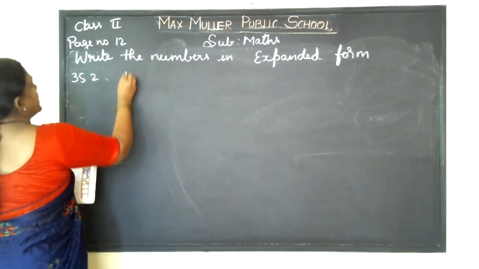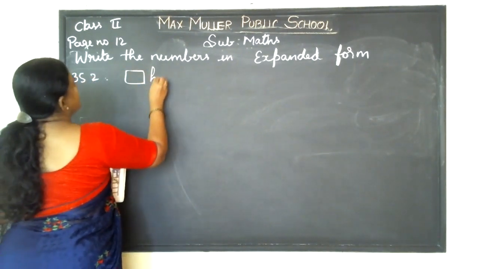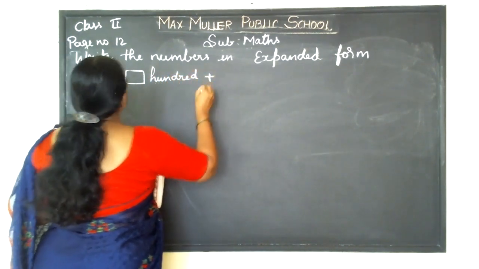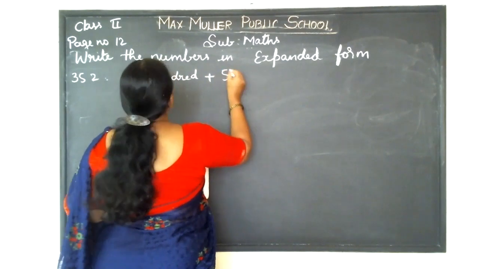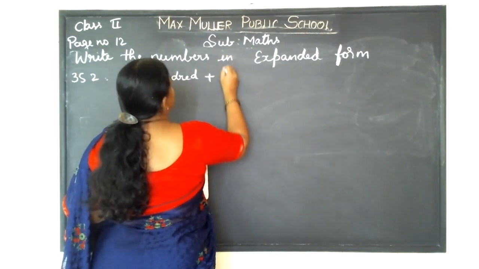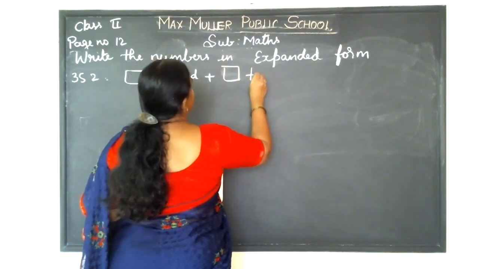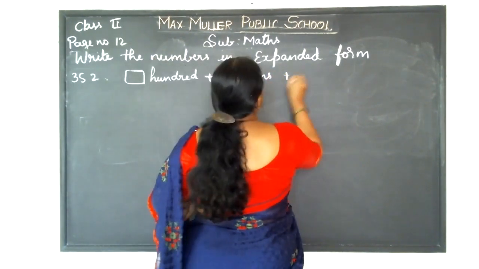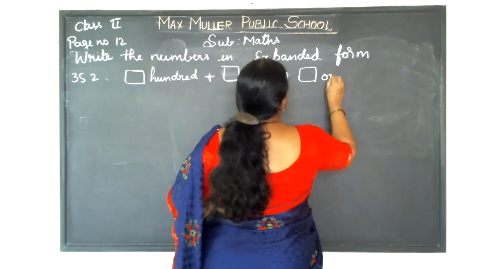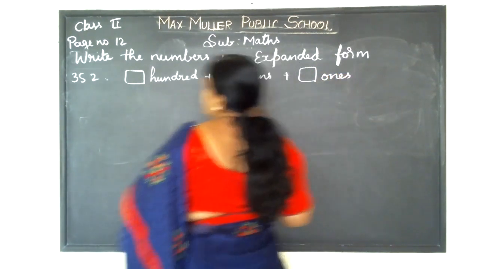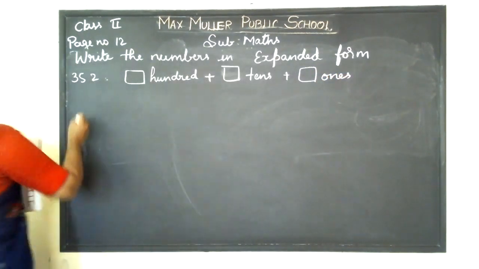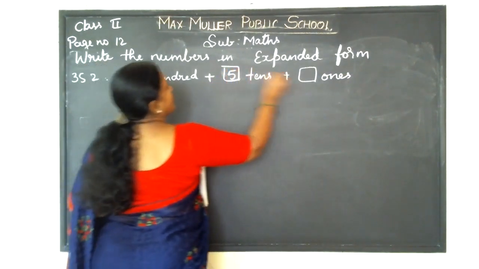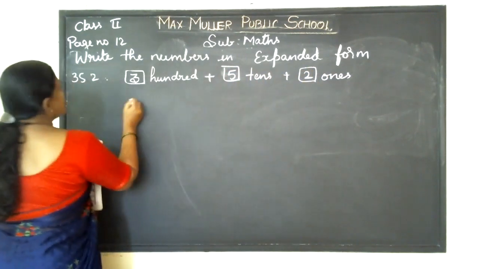So 3 is in the hundreds place plus 5 is in the tens place plus 2 in the ones place. So 300, 5 tens plus 2 ones in numbers.